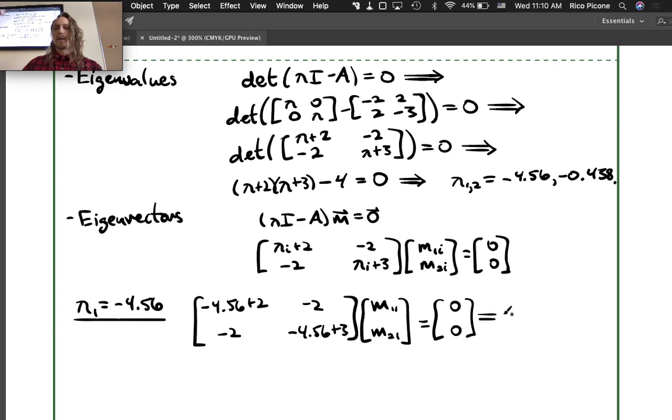Remember, we can take either equation. They're linearly dependent equations, so it doesn't matter which equation we take. If you want to check that you did things correctly, it's good to check that you have linearly dependent equations. You should.